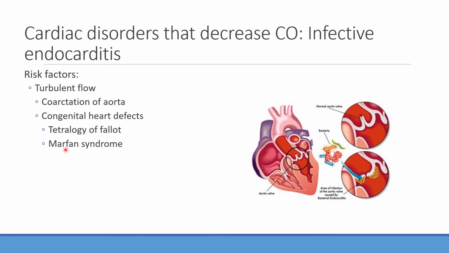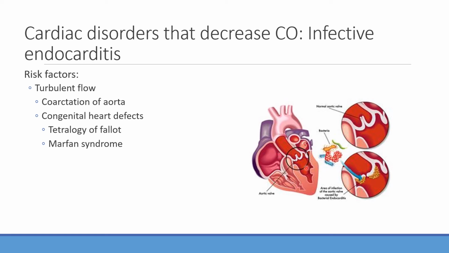And so we have a couple congenital heart defects. Coarctation of the aorta is a congenital heart defect as well. But in addition to these, we have tetralogy of Fallot and then Marfan syndrome. Tetralogy of Fallot is a displacement of the aorta, okay, towards the interventricular septum down here.